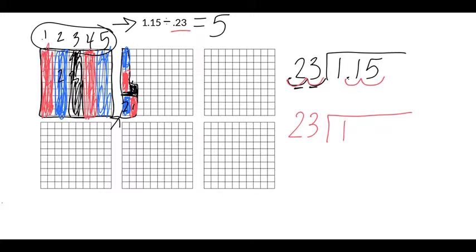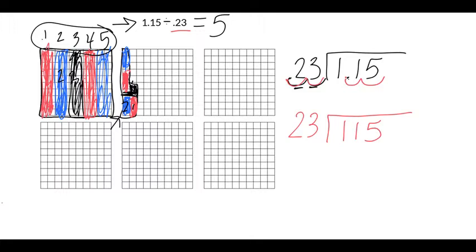So now my new numbers are 115 divided by 23, and you're going to get the same answer whether it's in decimal form or in whole number form, because all I did was multiply the divisor and the dividend by a multiple of 10 to make it easier to do.